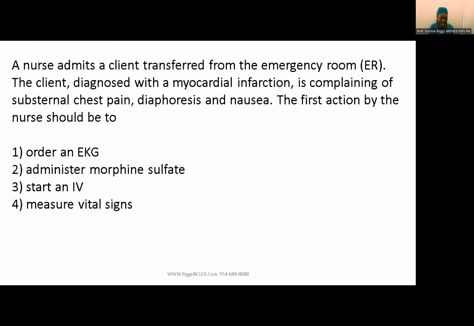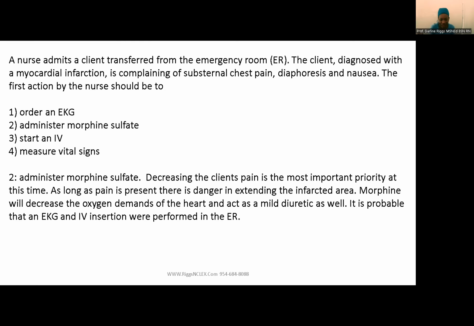So it's the morphine. Let's talk about why. I know you remember MONA, right? We've talked about MONA, where now research shows it's best to put oxygen on the client first. So I could flip this question and put O2. If I do that, then the answer would be oxygen. Then we want to do the morphine.